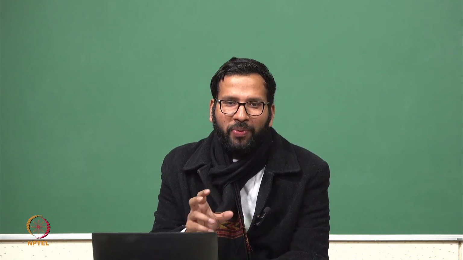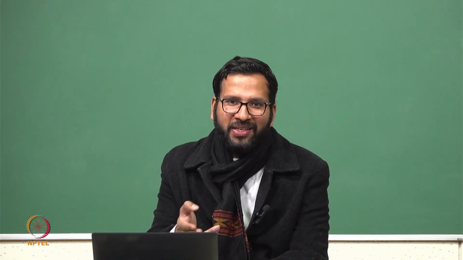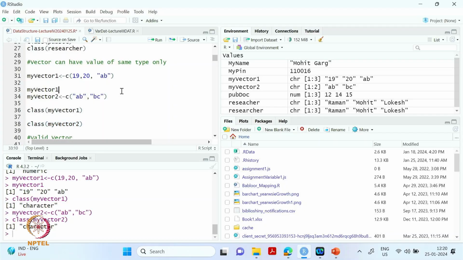You can't do any operation. Let us see through R why we can't do an operation on this 19, 20. Okay, so say for example, if I multiply my vector 1 with 2.